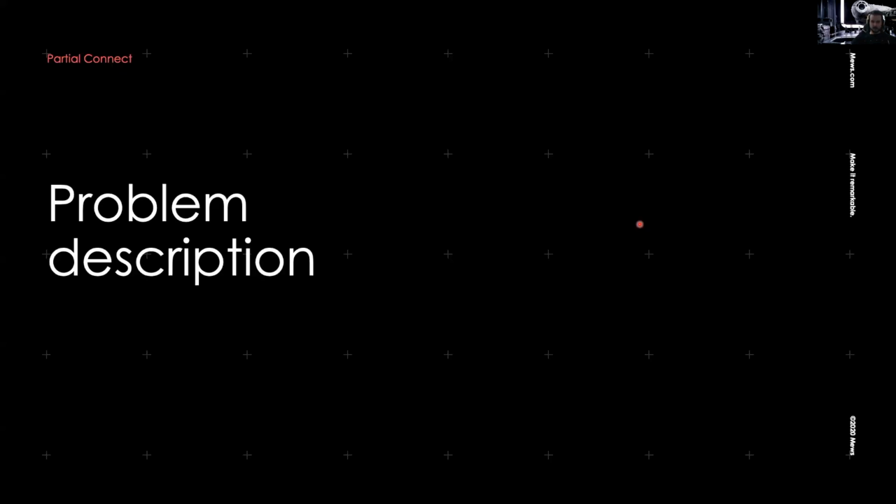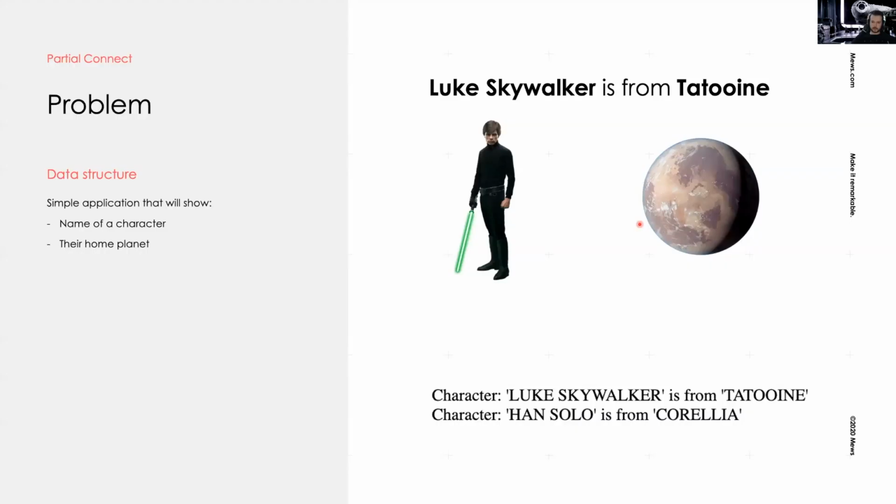In order to understand our problem, or what you might be facing in your application, let's demonstrate it on a very simple application from the Star Wars theme. Imagine that we have a simple application that is able to render a character from Star Wars, as over here, Luke Skywalker, who is coming from a planet called Tatooine.